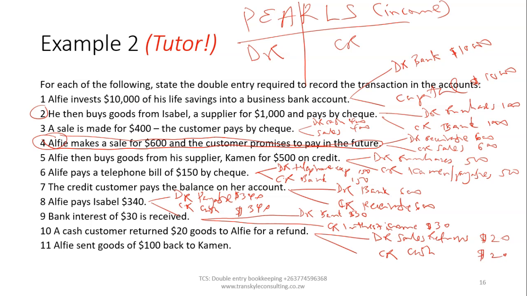Lastly, let's talk about the transaction between Alfie and Carmen. Alfie sent goods of $100 back to Carmen. This is now a purchases returns. Now, the purchases returns is just the opposite of the sales returns.